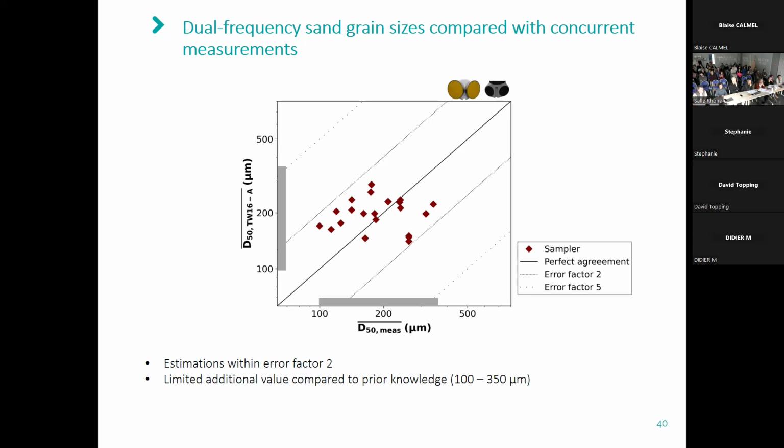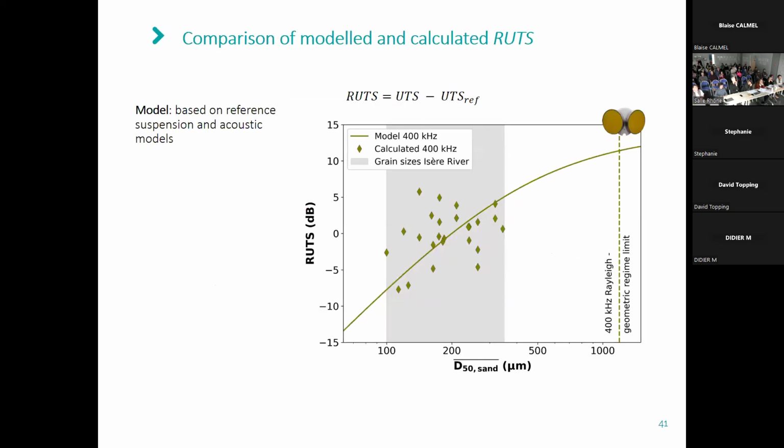I then wondered about this high sensitivity in these variations in our factors. So that's why I prepared a comparison between our model and our acoustic measurements. So we can see here the backscatter relation for the 400 kilohertz we've seen previously. And I prepared this model based on the reference suspension and the acoustic models.